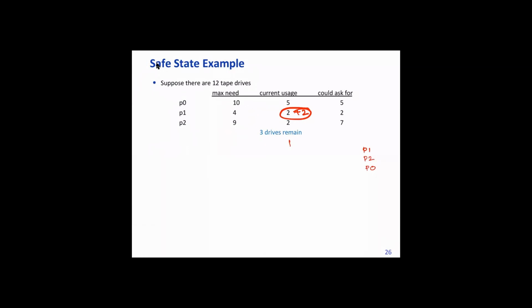Then it will have 1, we already have 1, so 4 plus 1 is equal to 5. So 5 resources you give to P2. How many does it need? Oh, yes, sir. Sorry, it needs 7. The max need is 9, so this is what extra it needs, right? So we know it's in deadlock then.